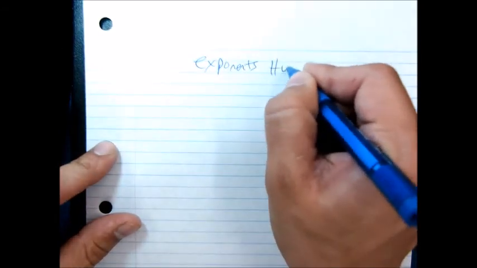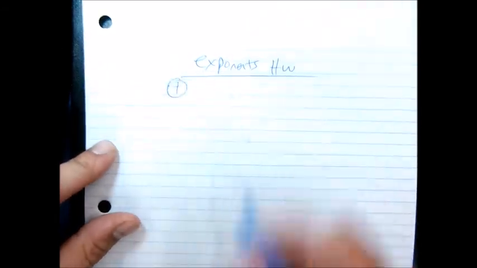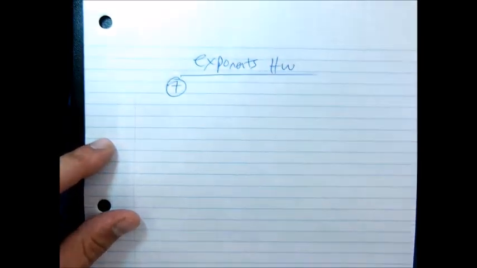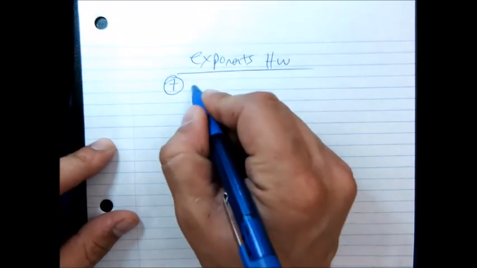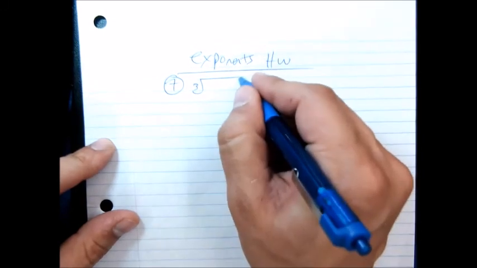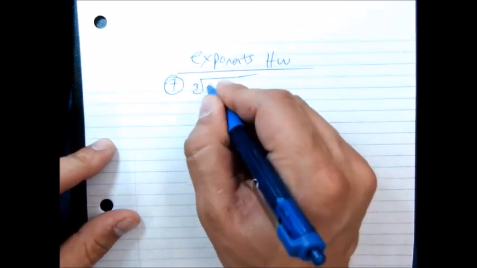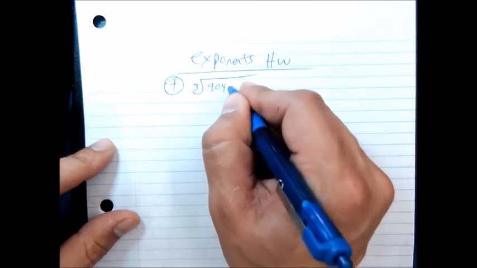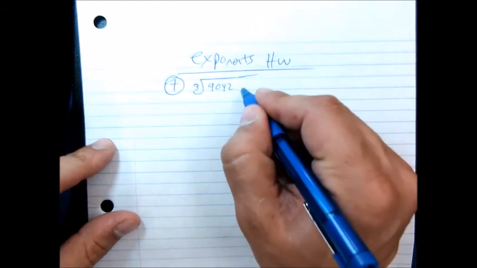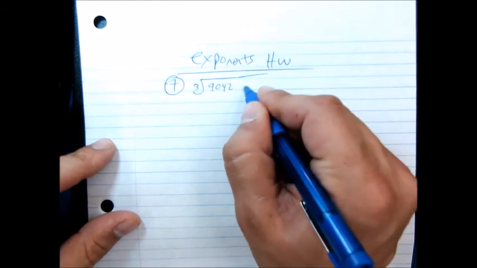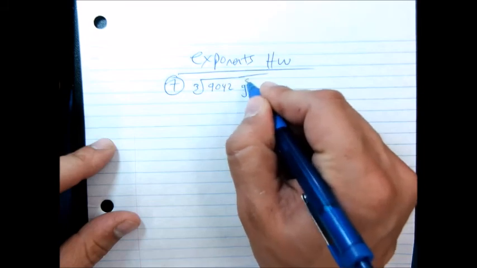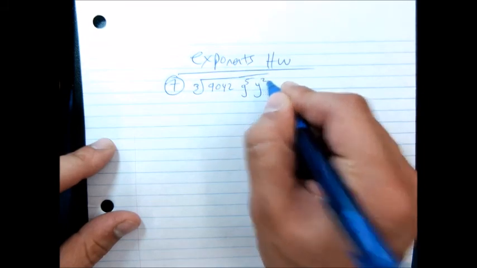So I'm going to try to do not the exact problem. I'm not going to finish it either, but get you started on this. So this is the exponents homework, number 7. And it says something like this. Cube root of some big number. I'm going to make it 9042. And then you've got some variables in there. Let's make it like g to the 5th y squared.